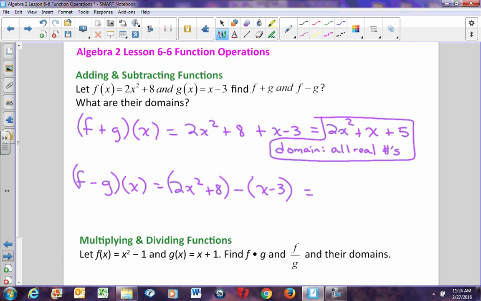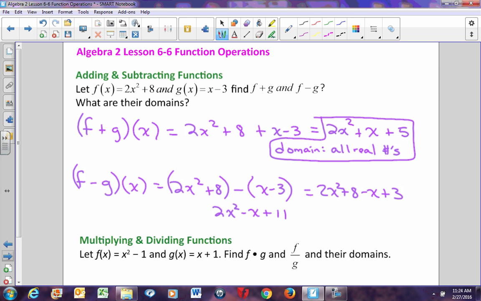So you end up with 2x squared plus 8, minus x plus 3. So when you simplify this, you get 2x squared minus x plus 12. I almost said 11. No, it is 11. I was right the first time. 8 plus 3 is 11.